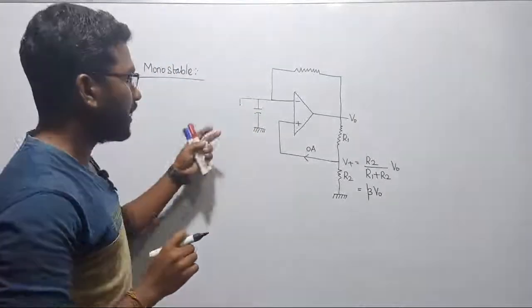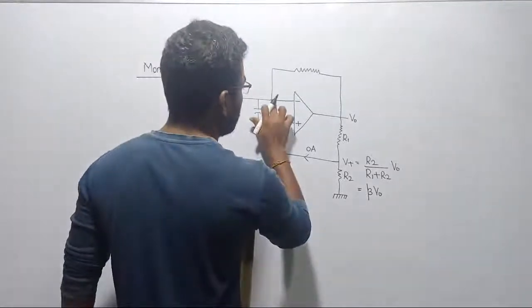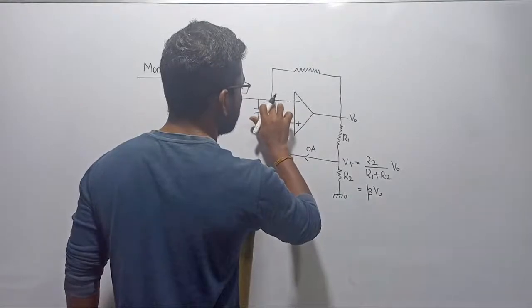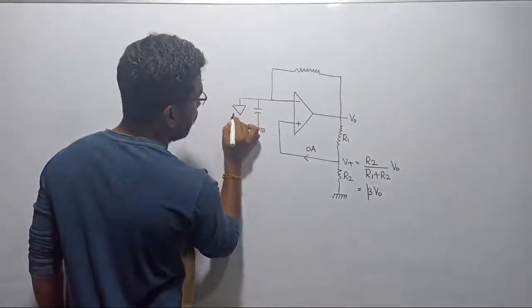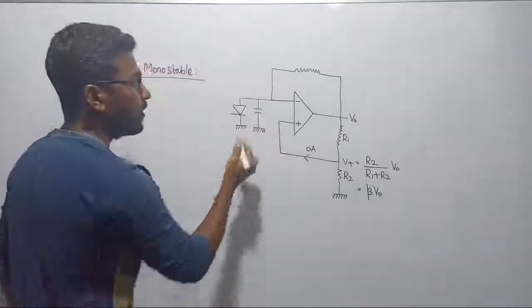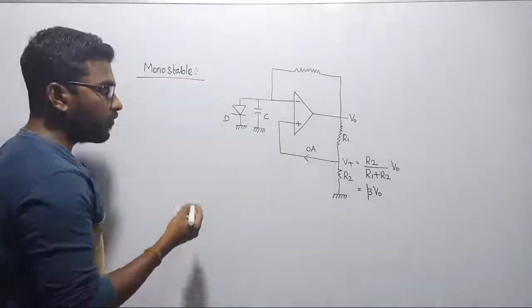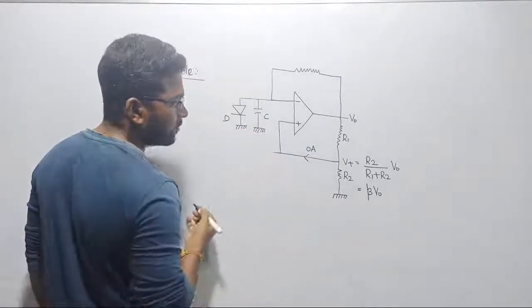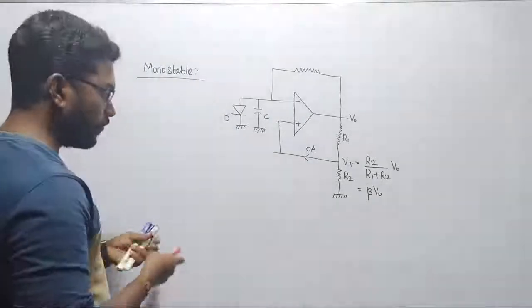Now with the help of this diode, we have to understand what we are going to do. That is the capacitor and this is your diode. Apart from that, I made some arrangements at the non-inverting terminal, so let us discuss that also.